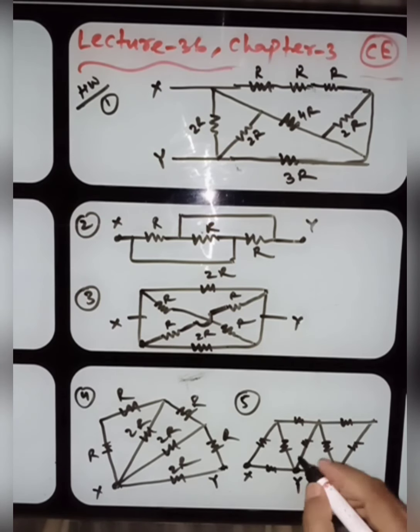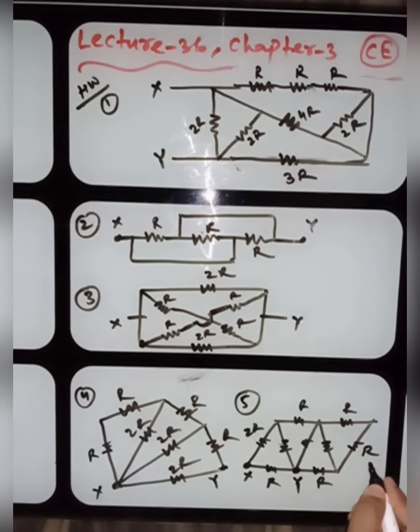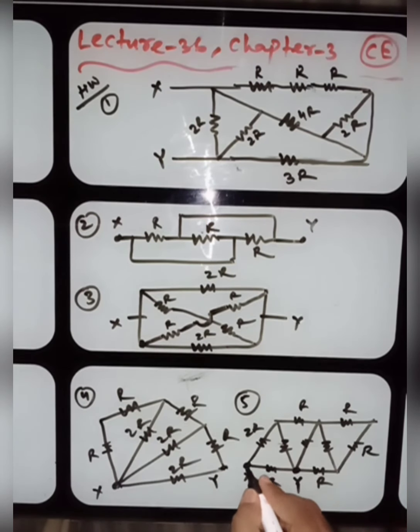This is R. This is also R, and all these are 2R, 2R, 2R and 2R. Because the space is very small, I'm not writing, I'm telling you all these values are 2R except this one, which is R. You have to find the equivalent resistance between X and Y, my dear student.